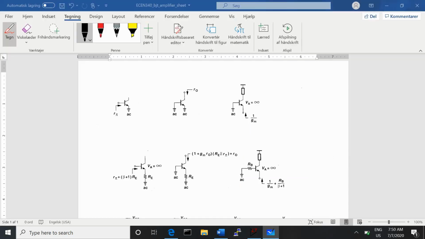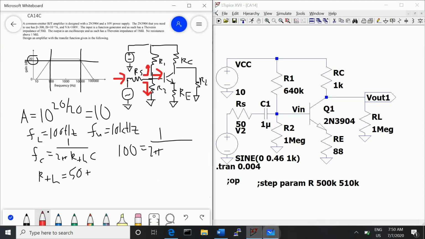The input into the amplifier we can get from our handy-dandy BJT amplifier equation sheet, and that will be this one because we have an RE. So this is R1 in parallel with R2 in parallel with R pi plus beta plus 1 times RE.